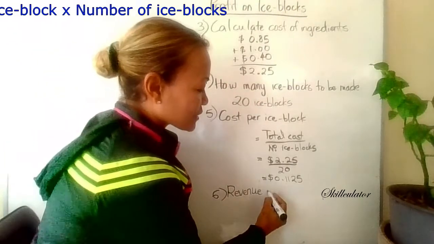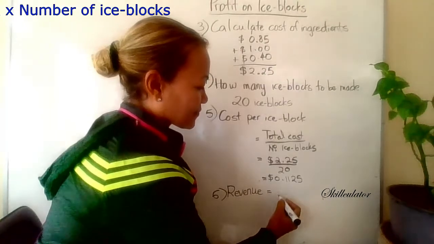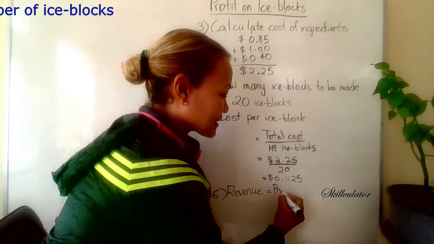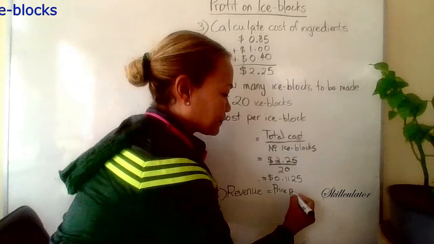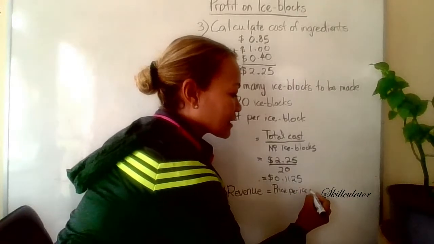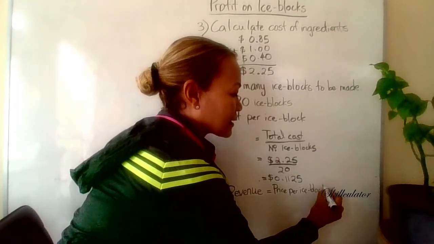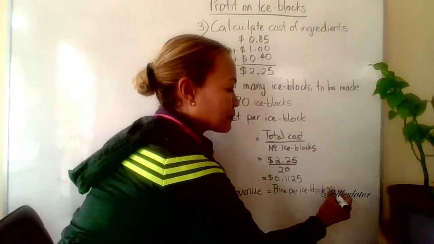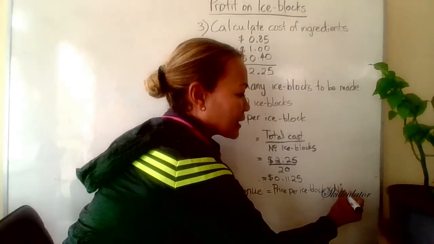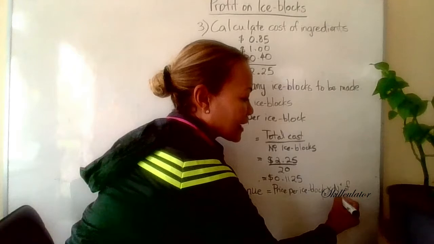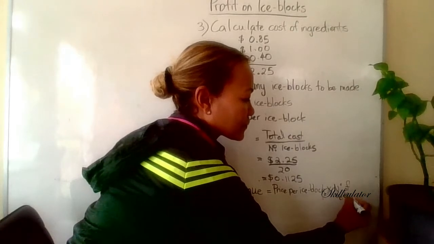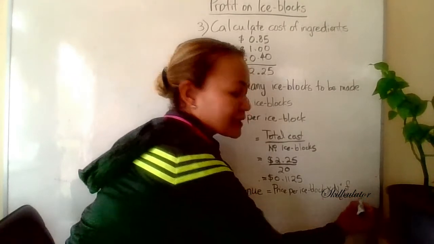So revenue is equal to the price per ice block multiplied by the number of ice blocks. Still read that?